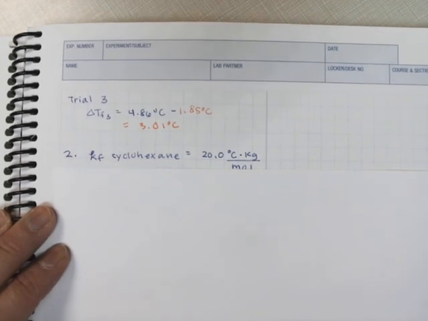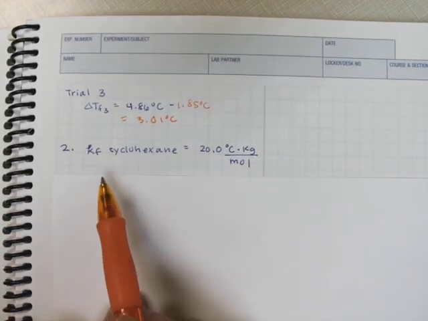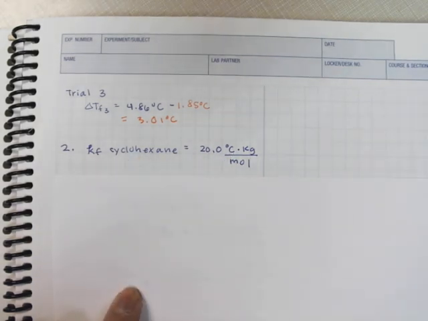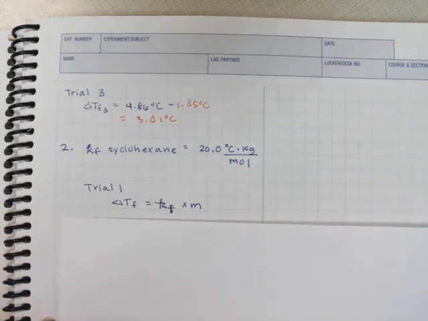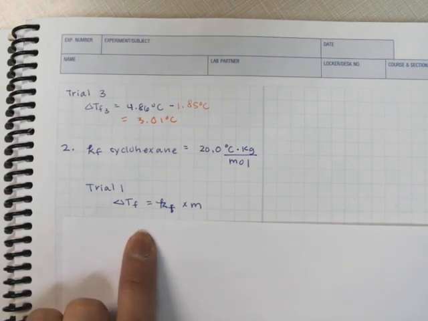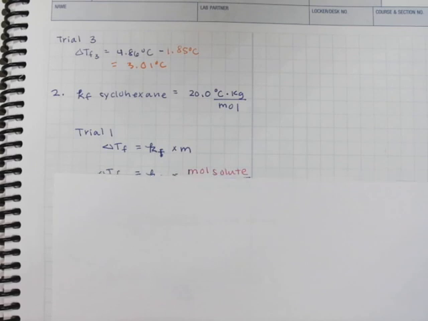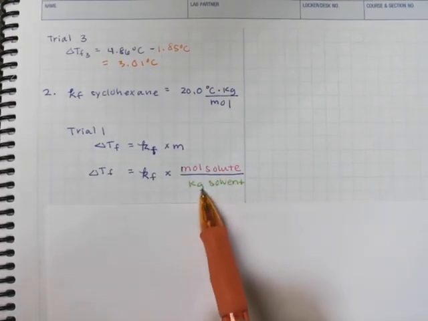For number 2, when you're calculating the moles, the KF of cyclohexane is 20 degrees Celsius per kilogram, and that's in the lab manual in the table for cyclohexane. For trial 1, delta TF equals the KF times molality. So we can find the number of moles using molality, if you remember that molality equals moles of solute per kilogram of solvent.